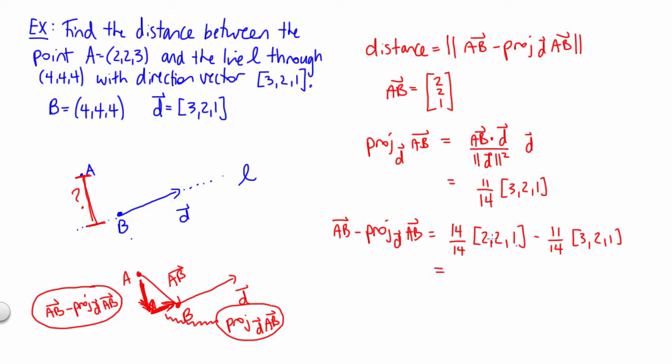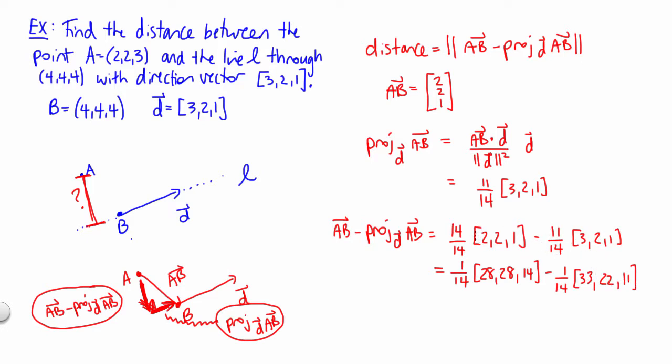Now you could come up with your answer in one step here. If you want to be a little bit more careful with the algebra, you might do something like 1/14 times the vector (28, 28, 14), just to make absolutely sure that that 14 gets multiplied through. Similarly, you could go minus and do something like 1/14 times the vector (33, 22, 11).